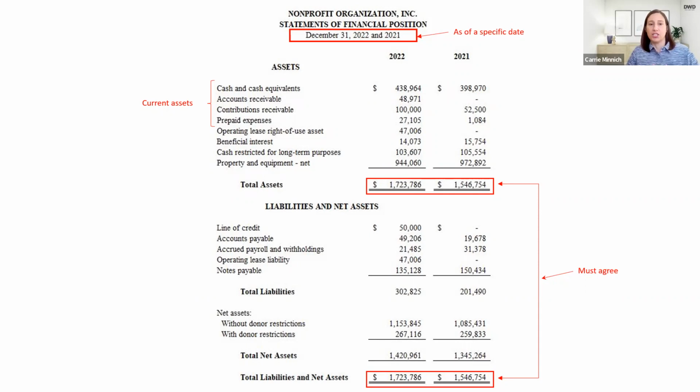If your organization has a lease, so you lease a copy machine, you lease the postage meter, you lease facility space, your leases are going to be recorded differently this year than in the past. In the past, if you have an operating lease, you make your monthly payments to use the copy machine, and those go into your expense. There is no asset on the books because you are not owning the asset. The lessor owns the asset.